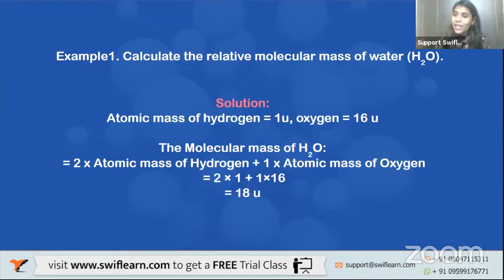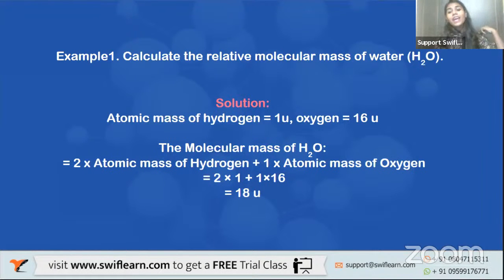Similarly, the unit for atomic mass or molecular mass is atomic mass unit, which is denoted by the small letter u. Now take the atomic mass of hydrogen. Atomic mass of hydrogen is 1 u. How many hydrogen atoms are there? 2 hydrogen atoms. So 2 into 1 will give you 2u.